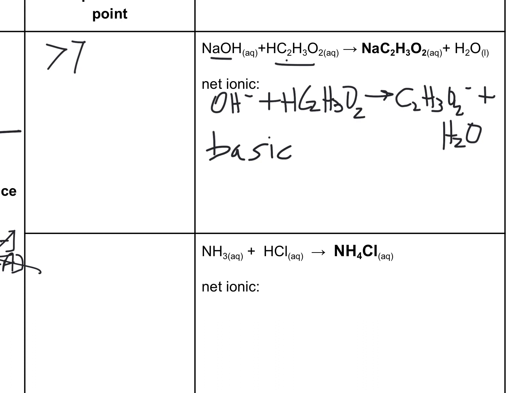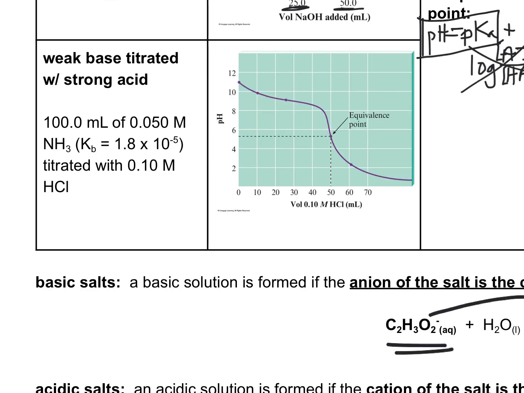And just to refresh your memory, here is the net ionic equation for this reaction, where we get rid of the spectator ion of sodium. Remember, weak acids don't dissociate or ionize well in water, so we keep that together. HC2H3O2.